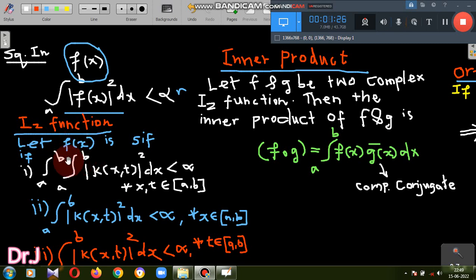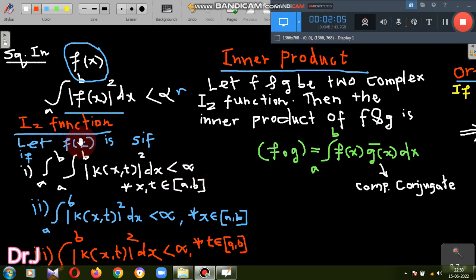Let f of x be a square integrable function, SIF. If this f of x satisfies these three conditions: the first condition is the integration from a to b of the kernel k of x comma t, its absolute value, is less than infinity.